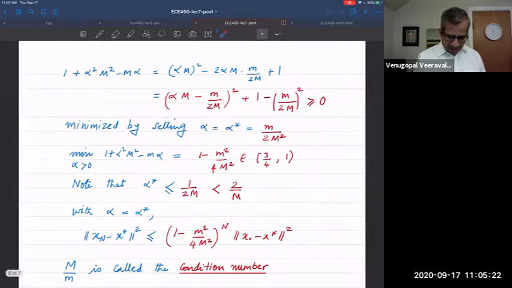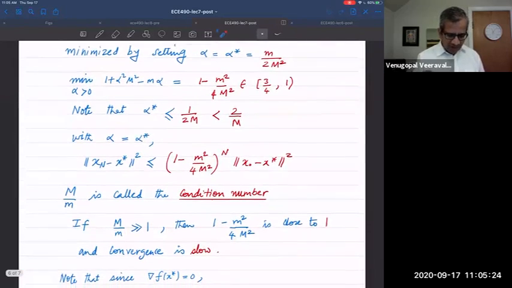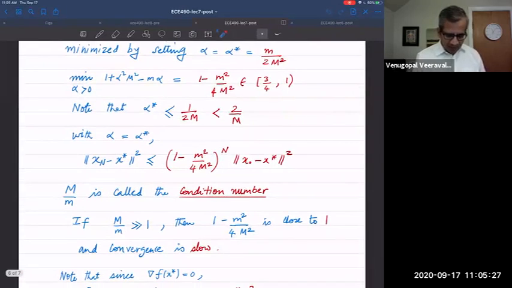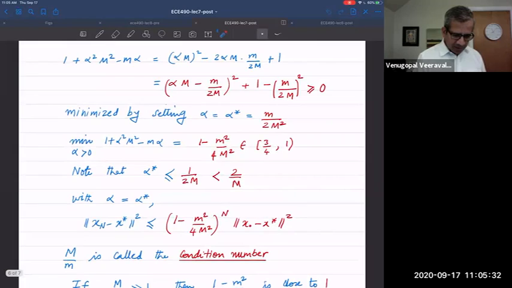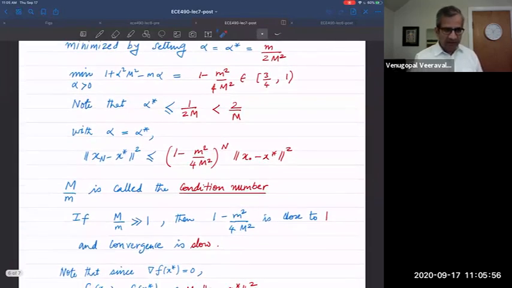And then there's an optimal choice of alpha that gives you the best geometric rate of convergence, and that's given by this quantity, which is a function of the strong convexity parameter and the Lipschitz parameter. Actually it's this quantity here, 2 over m plus M. If you make this choice for your step size, alpha star, then you get the best upper bound on the rate of convergence of x_n to x star.